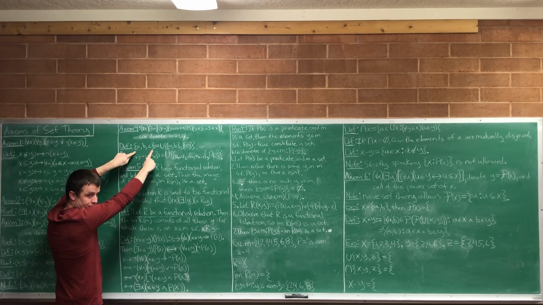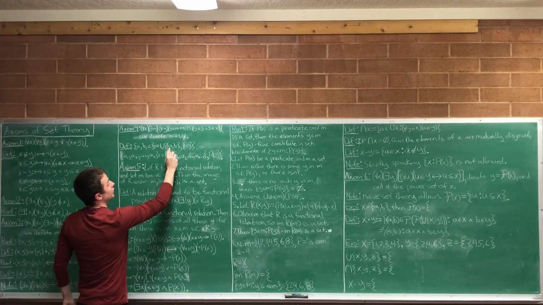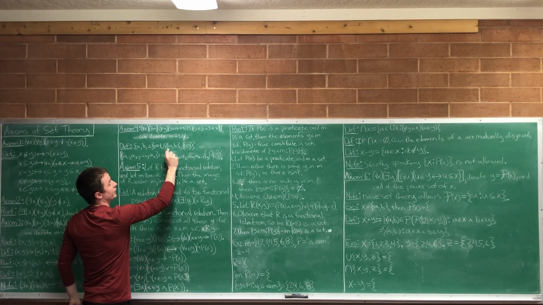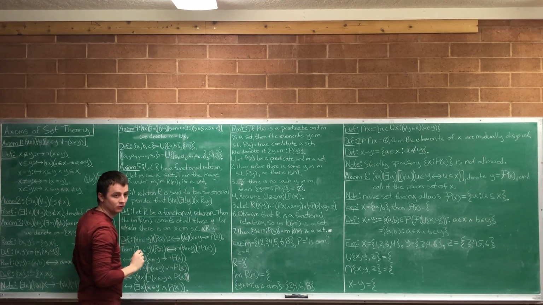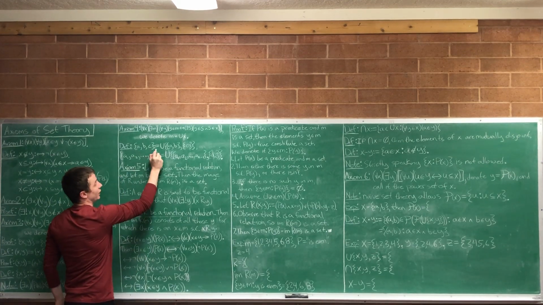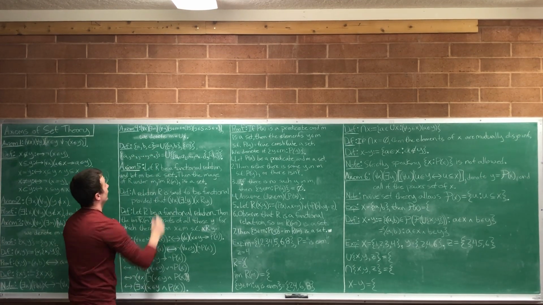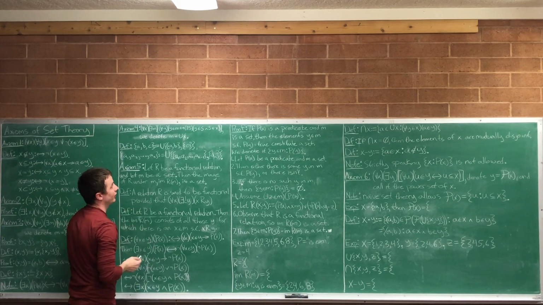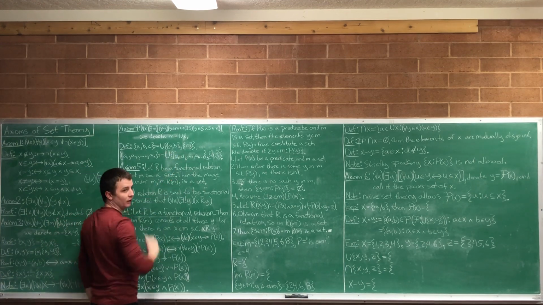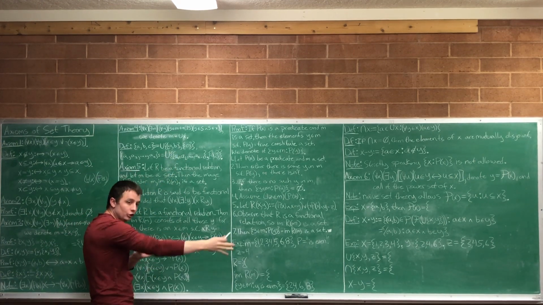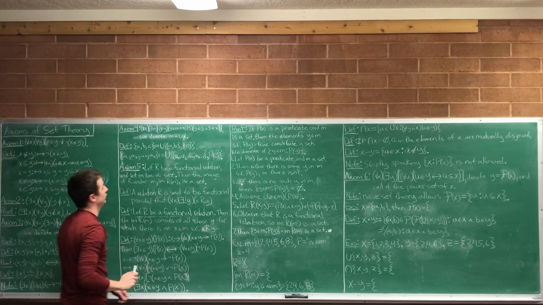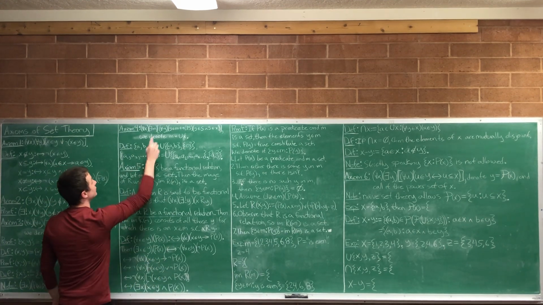Make sense? What's the union of this set with this set? A, B, C. Just this set. So this axiom is going to tell us that if I have a collection of sets, there exists a set which is the union of all those sets. The union axiom. So that's what it's going to say in this definition.